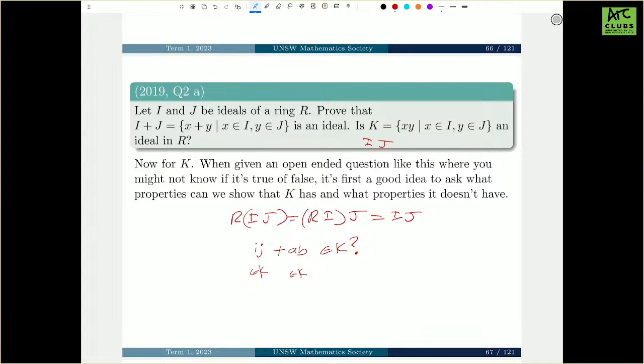But if K is generated by a single element, that is to say, well, no. If either I or J is generated by a single element, then they will have a factor.